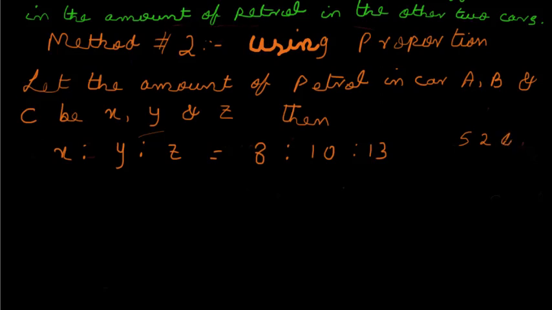So the trick is that I'm going to pair the one which is known to me, its ratio which is 8 and its actual value 52 liters, with this one as well as with this one. Let me change the color of my writing.